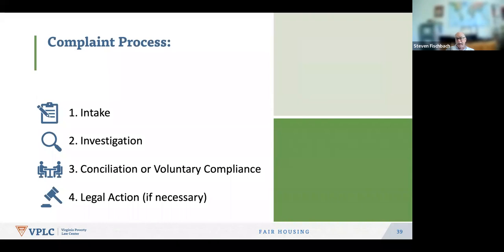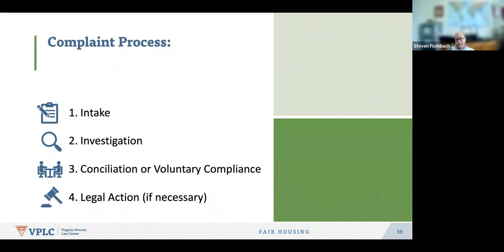And after the investigation is complete, the agency's first role is to try to get the party against whom the complaint has been filed to voluntarily comply with the law and enter into some sort of formal settlement, not informal, formal settlement with the agency.